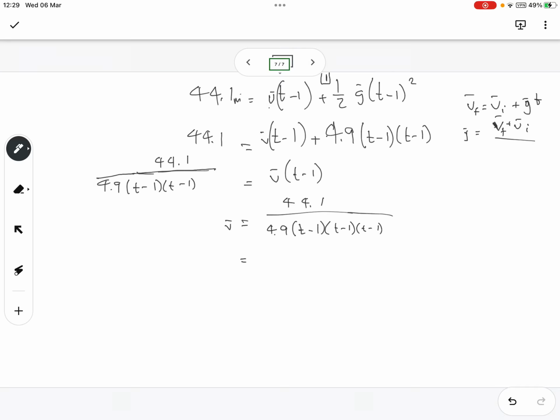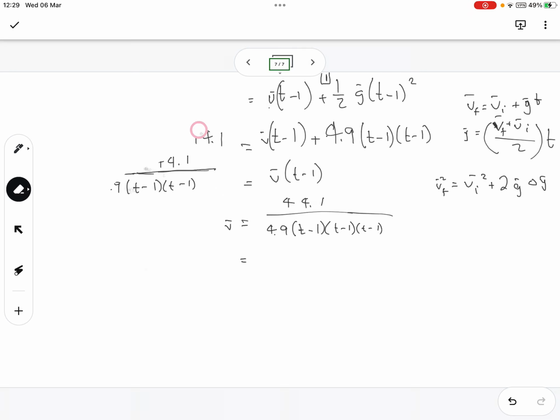VF squared equals V initial squared, plus 2 g times the change in displacement, delta Y. And you want to avoid at all costs having a formula with V, so that's why this is not going to work.